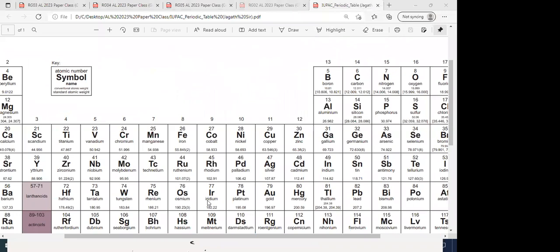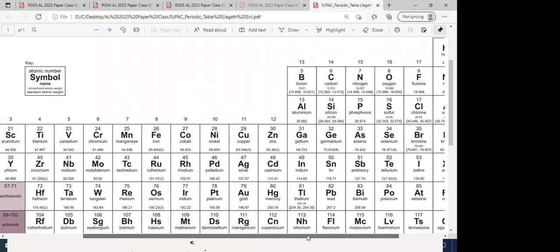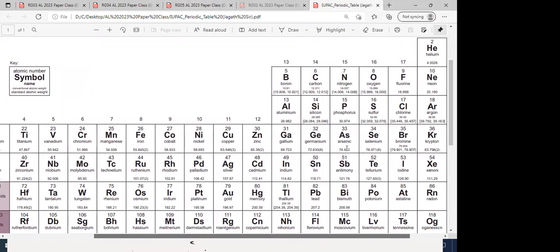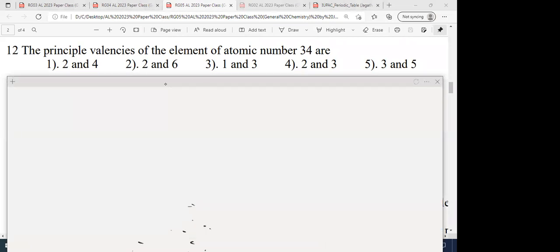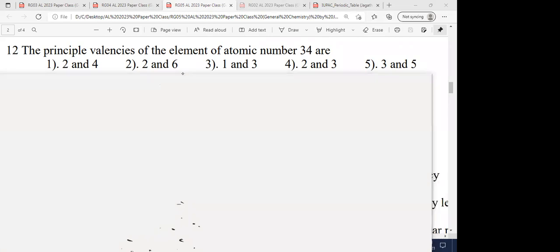In both MCQ and essay type papers, you get the periodic table. Atomic number 34 is selenium. Selenium. Group 6. Group 6, what are the common valencies? 2 and 4. 12th MCQ. Can you quickly post the answer to the chat? You can write in front of atomic number 34, it's selenium.